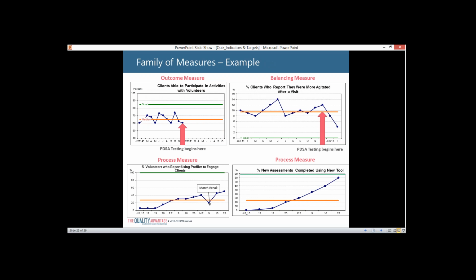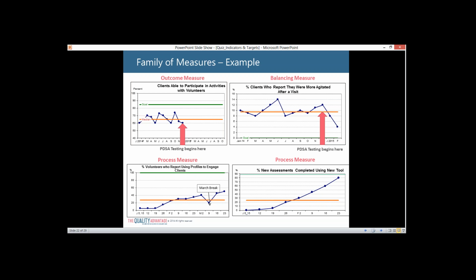So let's take a look at this family of measures that we've been talking about on the gold standard for displaying data for quality improvement. And the gold standard is either a run chart, which is included on this slide, or what we call a statistical process control chart, which is a bit different.